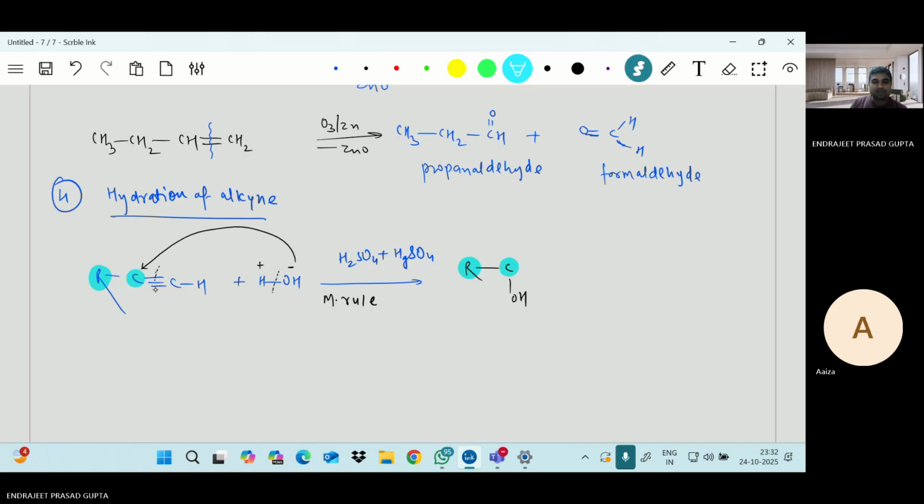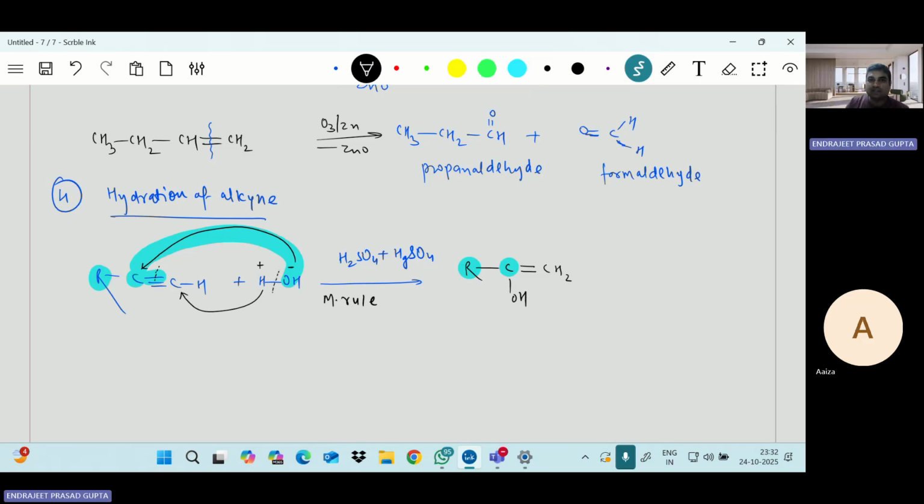It's R, C, and a triple bond. When you break it, the negative part will be added to the carbon which contains less number of hydrogen. So out of the triple bond, if you break one bond, the rest will be a double bond, CH. And this hydrogen will be added to the carbon which has more number of hydrogen, so it becomes CH2.